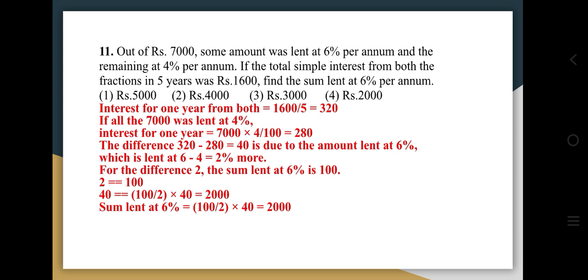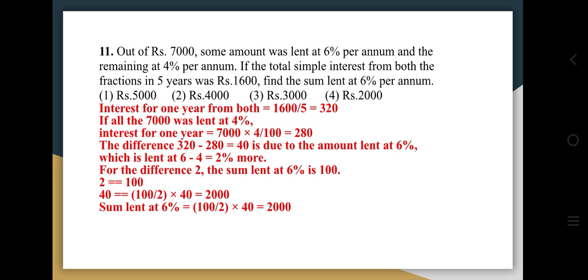So we suppose all the 7,000 was lent at 4%. What is the interest for 1 year?